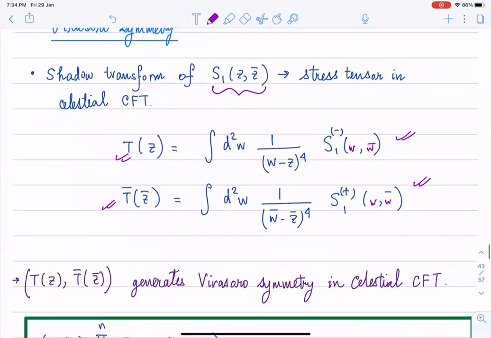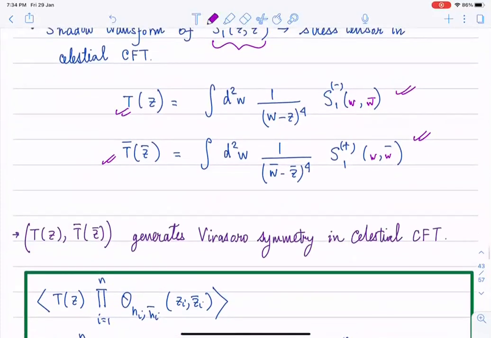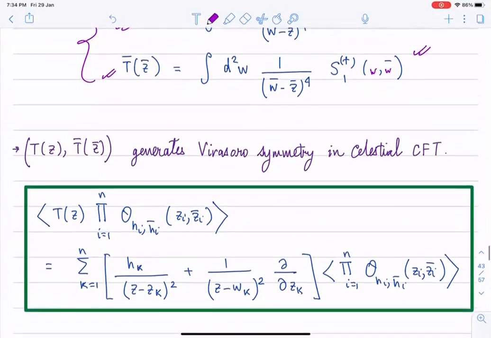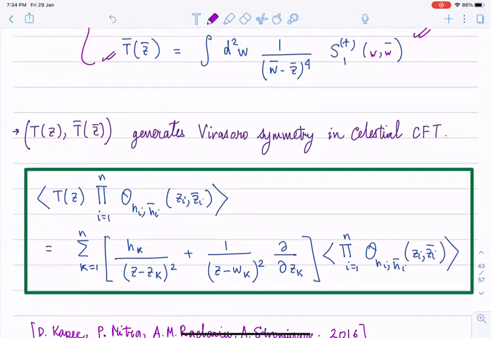So yeah, basically by doing this integral transform, you can define a new set of operators, which I've denoted as T of Z and T bar of Z bar. And it turns out that if you insert this T of Z, or let's say T bar of Z bar, inside some correlation function in the celestial CFT with some primary operators, then it takes the following form, which is the standard form of the stress tensor Ward identity in a 2D CFT.